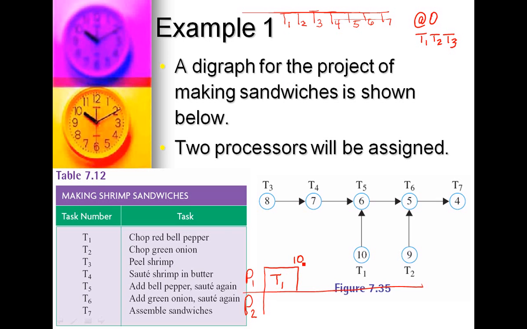And that's from 0 to 10. So our next highest priority is T2, and it's going to go in our other 0 time slot. And it's going to go 0 to 9.